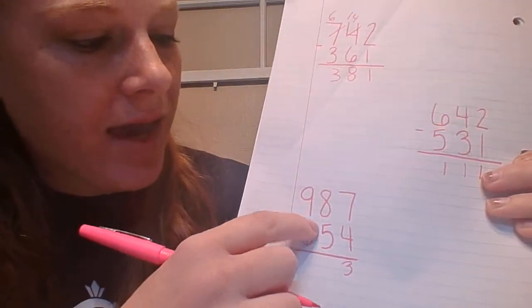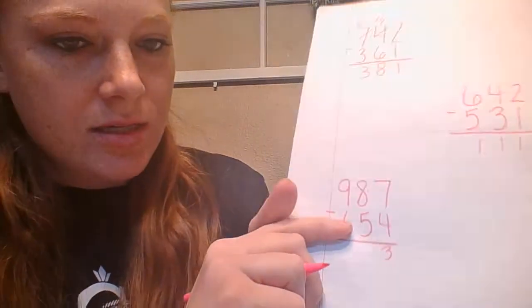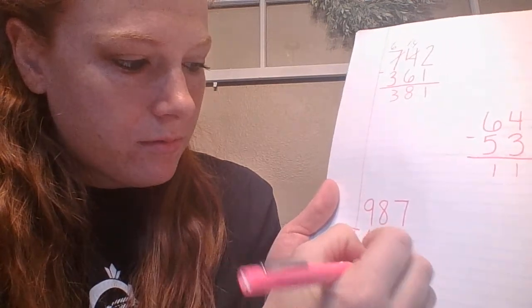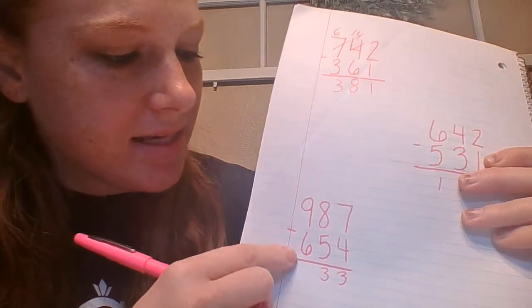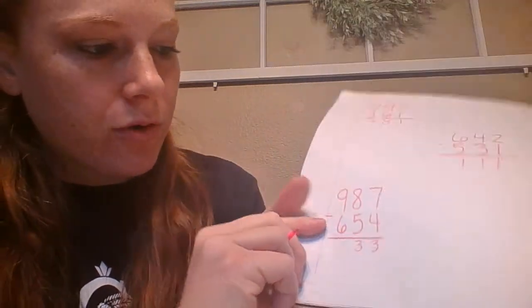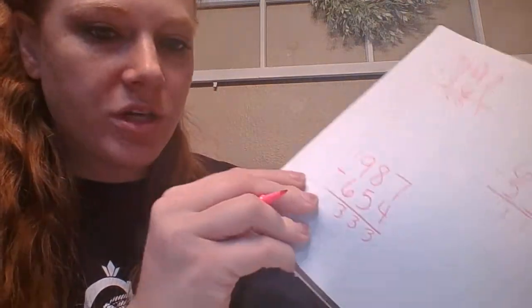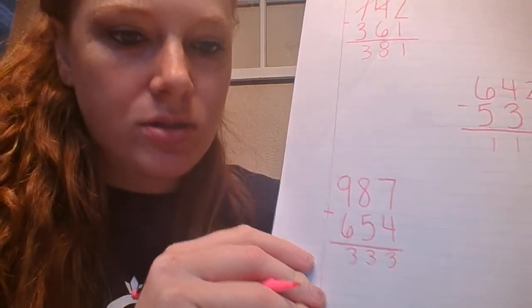Next, we're going to do 8 minus 5, which is 3. And finally, we're going to do 9 minus 6, which is also 3. So your answer should be 333.